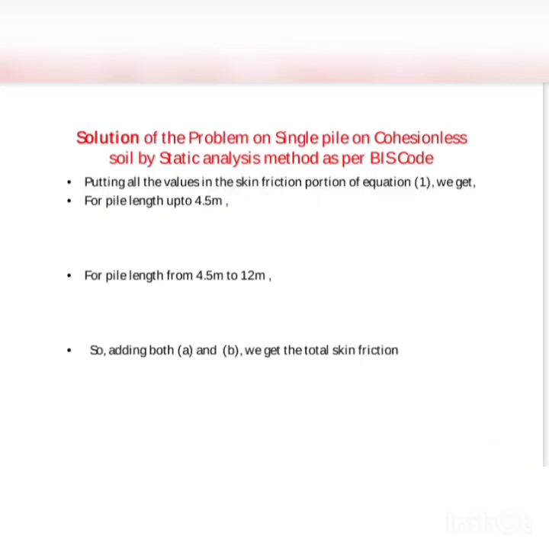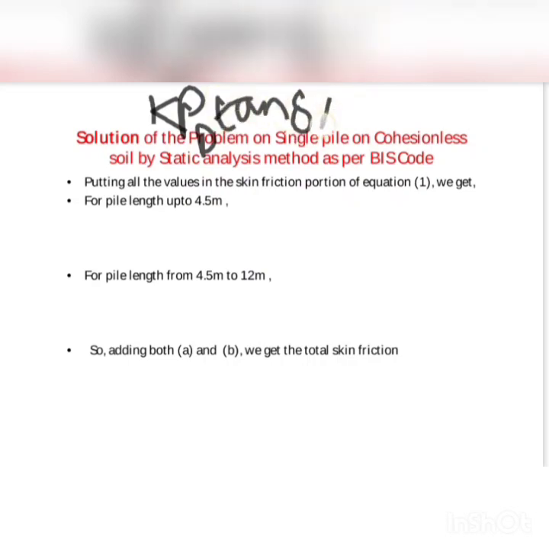Now putting all the values in the equation of skin friction part, what do we get? The formula, let me write, this is K, P suffix D, tan delta into AS.